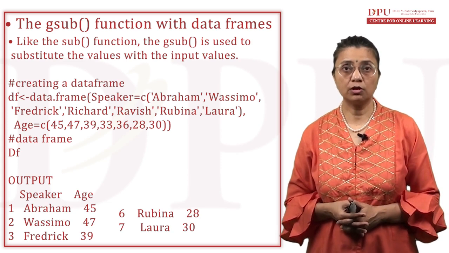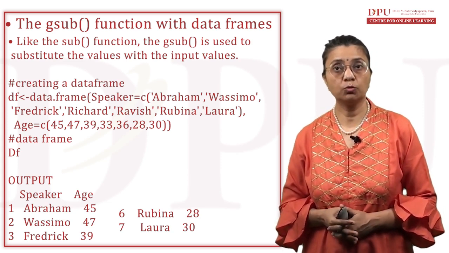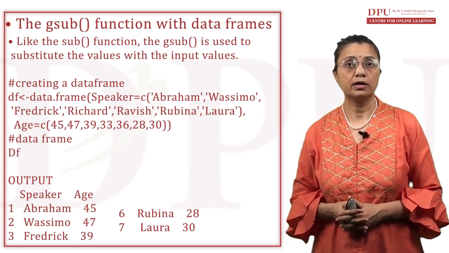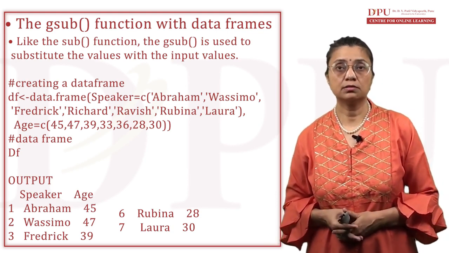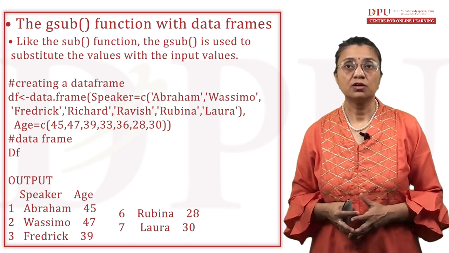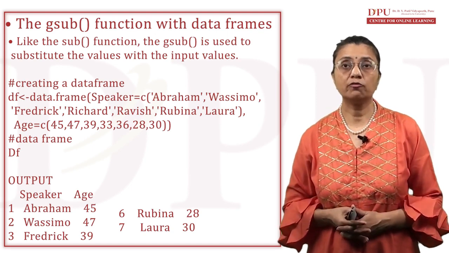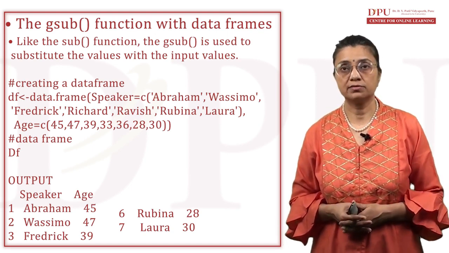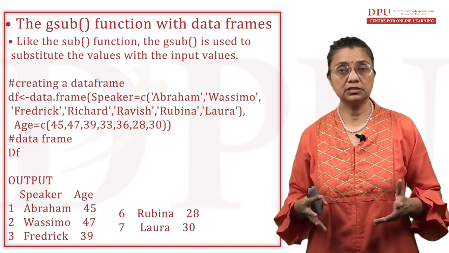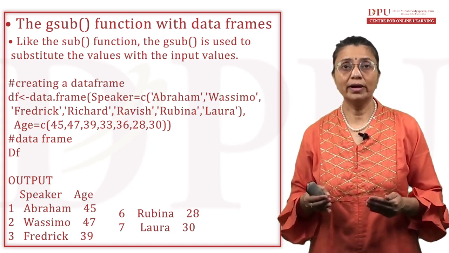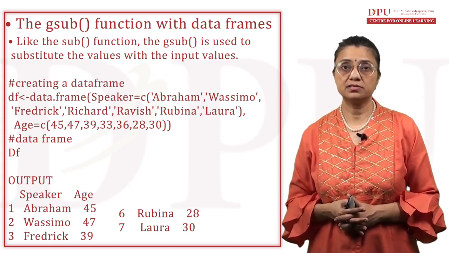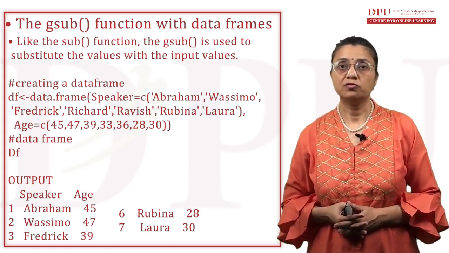The value of the column speaker is Abraham, Basimo, Frederick, Richard, Ravish, Rubina and Laura. The next column we have is the variable age, where age is equal to a vector 45, 47, 39, 33, 36, 28 and 30.